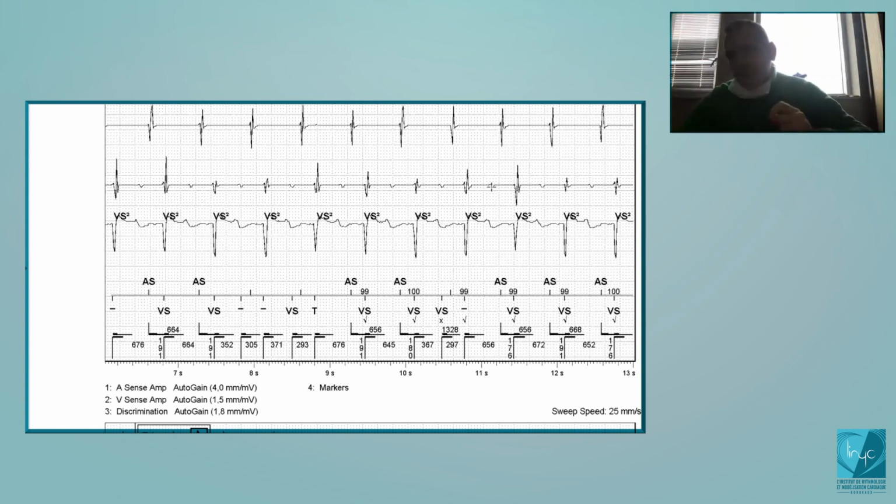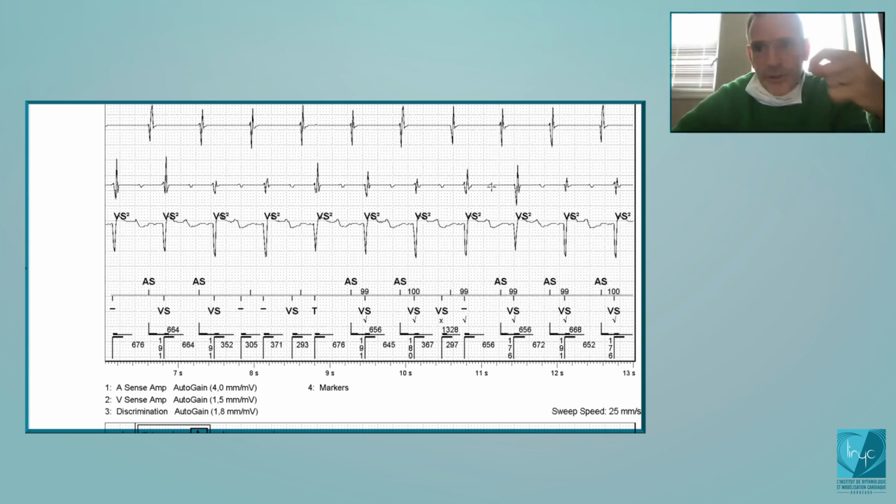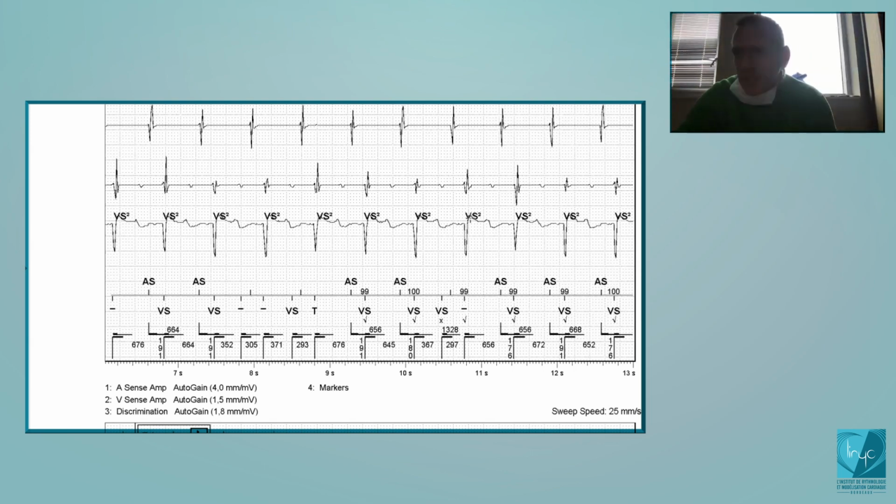But now, for an inappropriate therapy to be delivered in case of T-wave oversensing, you need to have T-wave oversensing in both the channels, in the bipolar channel, but also in the discrimination channel. And if your discrimination channel is, for example, between the coil and the can, it's very unlikely that the conditions to obtain T-wave oversensing are exactly the same in the two channels at the same time.